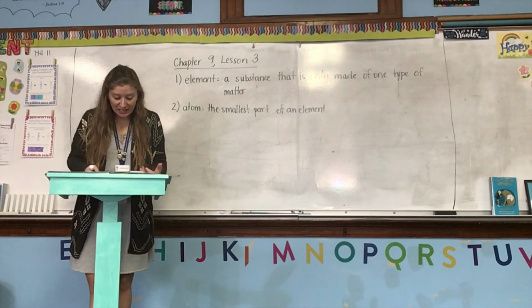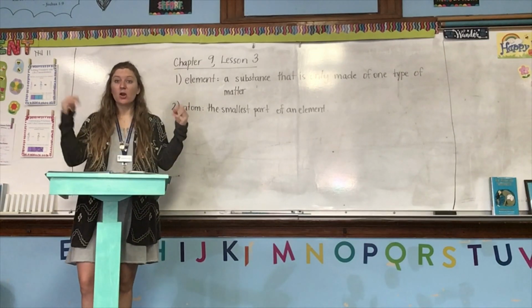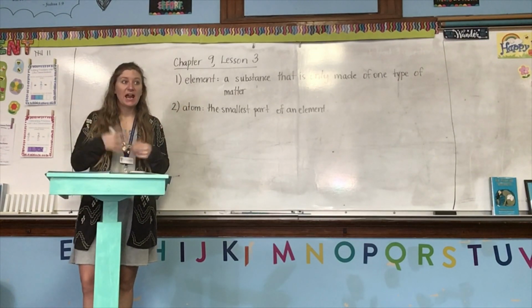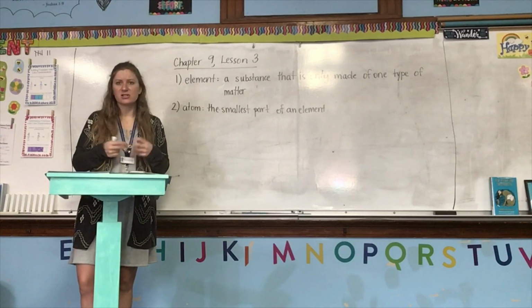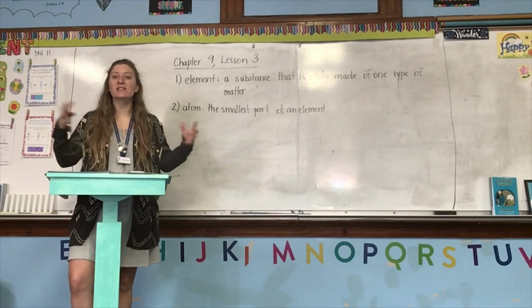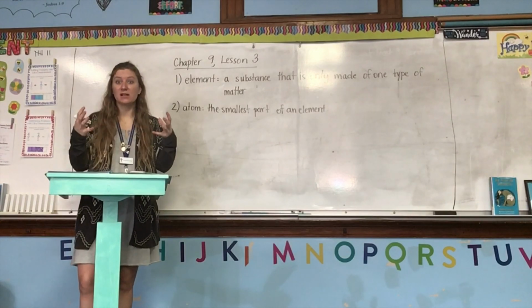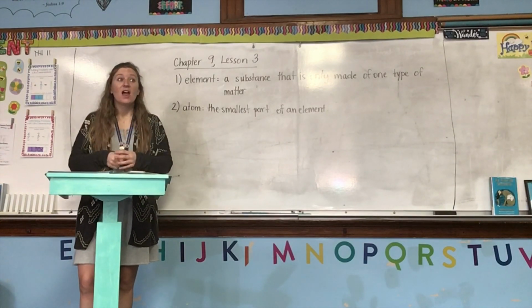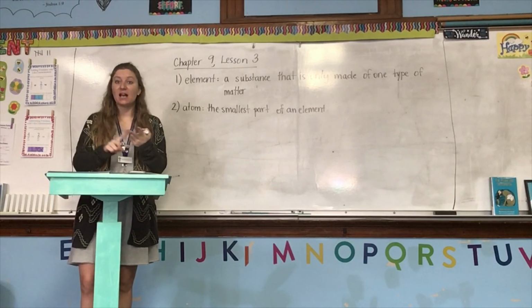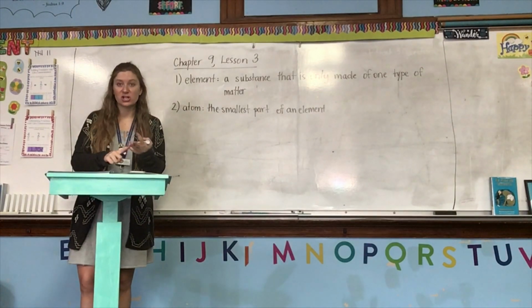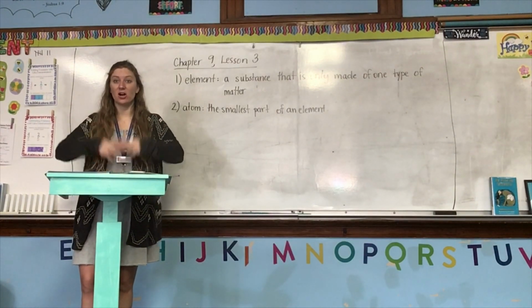But if we're talking about air, which has oxygen and nitrogen and, oh gosh, I can't remember right now off the top of my head, but you know it's not just oxygen. Carbon dioxide, all of those things. Each of those atoms, the carbon dioxide atoms, the oxygen atoms, and the nitrogen atoms come together to create our air.